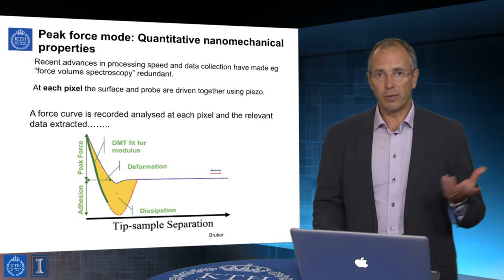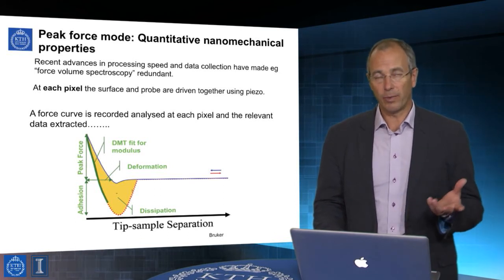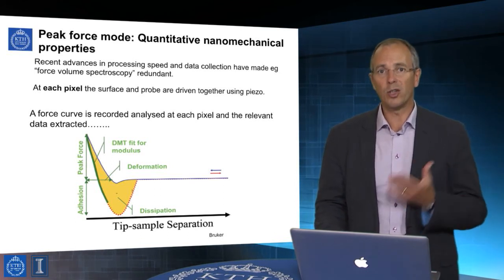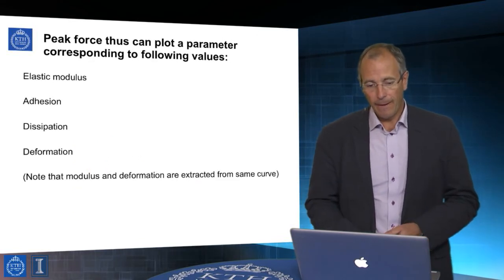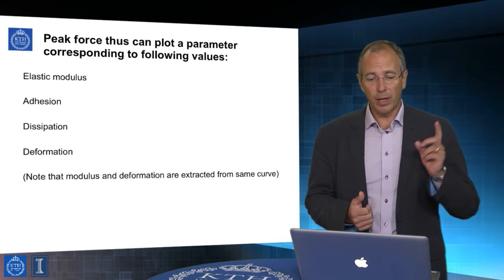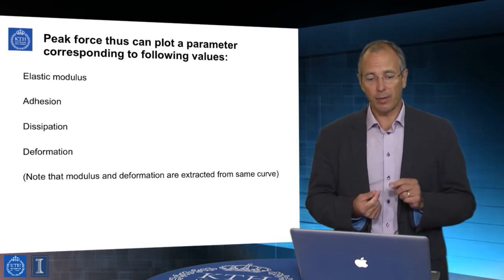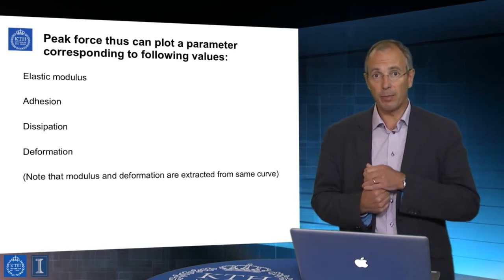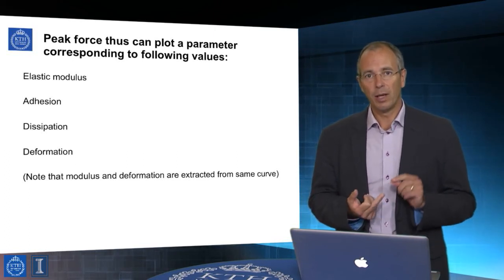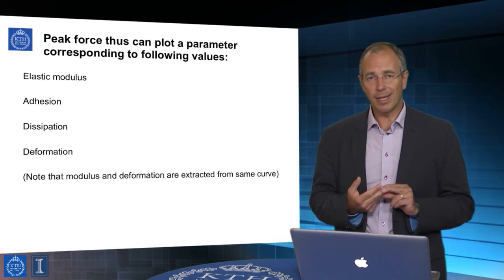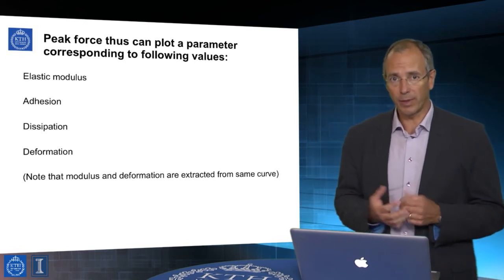So we get a whole host of images from a single scan, or a host of different parameters that we can use to provide contrast on our surface from a scan. So the elastic modulus is one, adhesion is another, and these are both respectively material and chemical type information. Dissipation and deformation are both also indications of the material properties of what's underneath the tip.